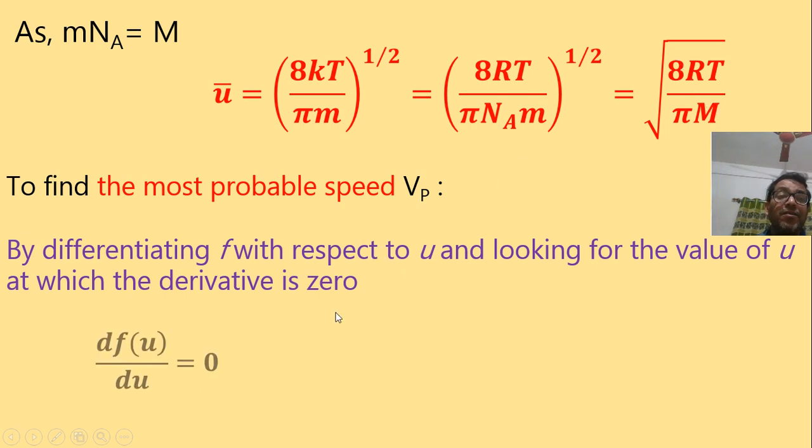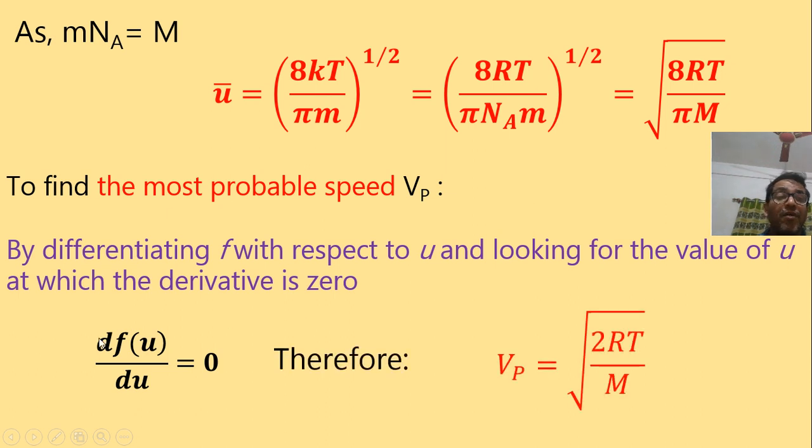After that we discussed the most probable velocity. For the most probable velocity we take the derivative of the probability distribution function with respect to u, because the maximum number of molecules are at this speed. Remember our Maxwell distribution curve, where there is a maximum.